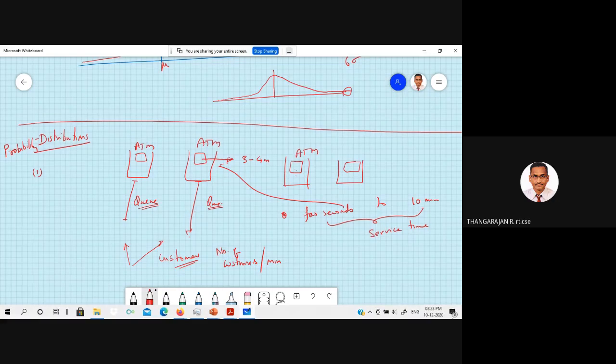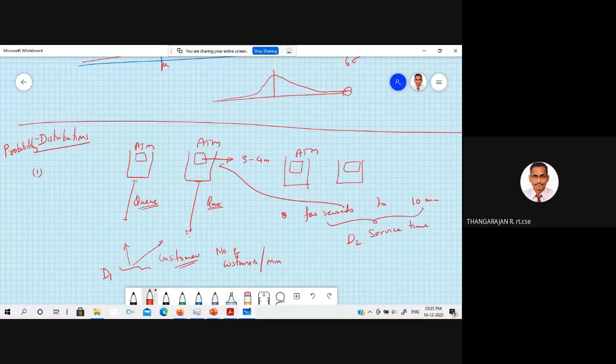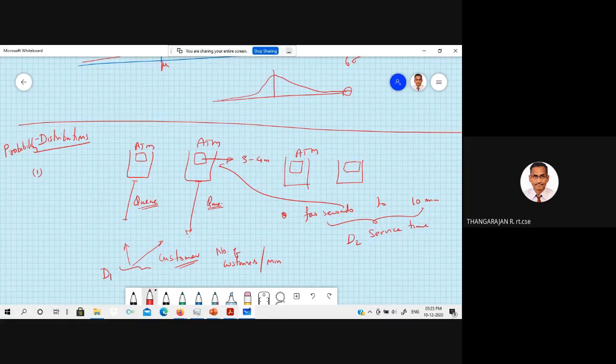So this is a different distribution, D1. This is another distribution, D2. Is D1 equal to D2? Can you take random numbers from the same distribution? No, because you know that customer arrival is a totally different pattern, whereas the service time of an ATM is a different pattern.